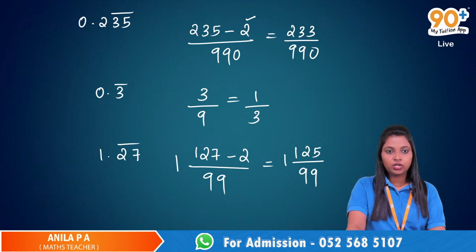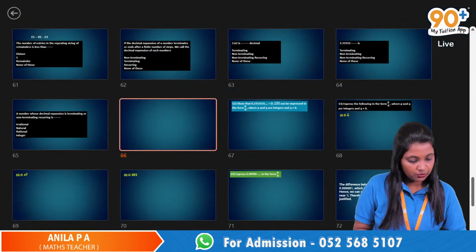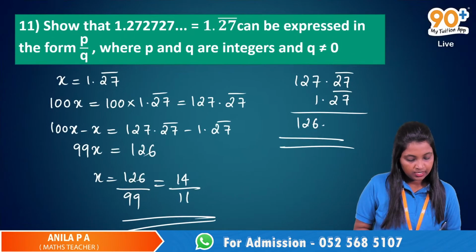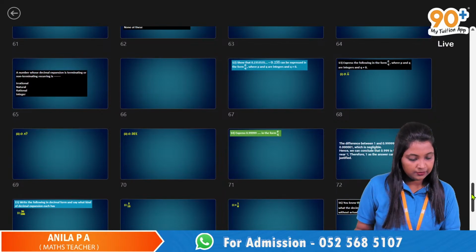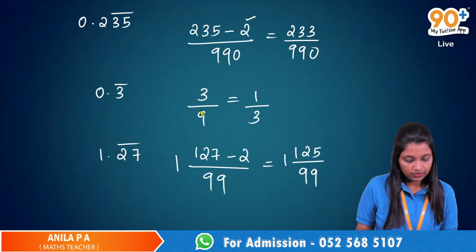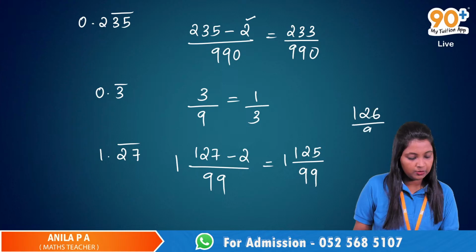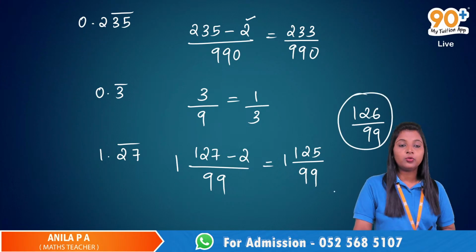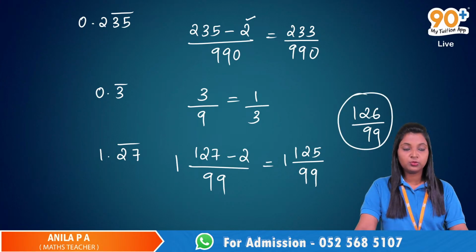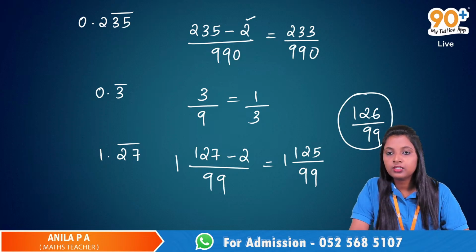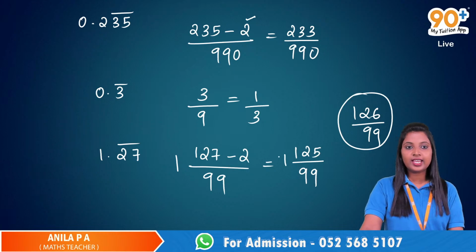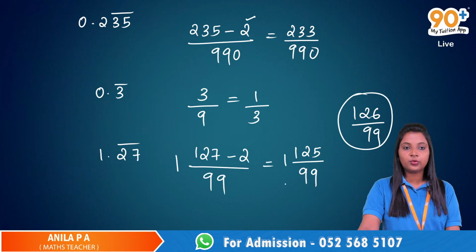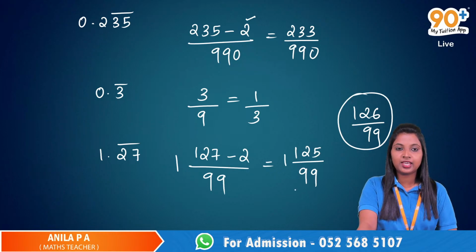So when we convert it, actually the answer was 126 divided by 99. But how do we convert a mixed fraction to the normal form? 1 into 99 plus 125, divided by 99, will be the answer.